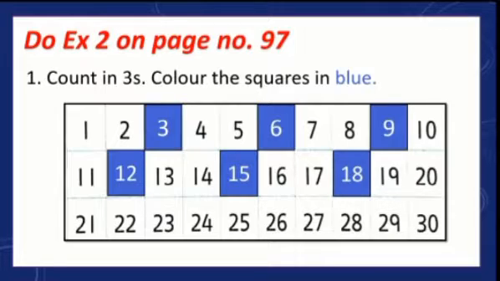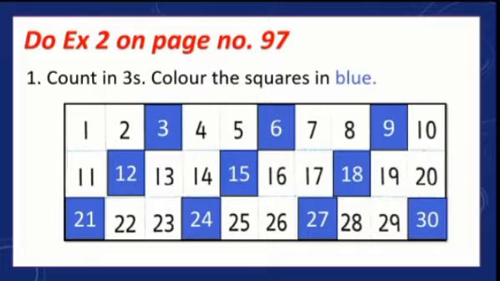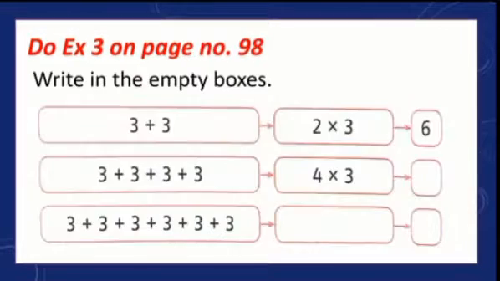Next number will be 21, then 24. After that 27 will come, and at last you reach 30 by counting in threes. This is how you have to complete your exercise 2 in the book.